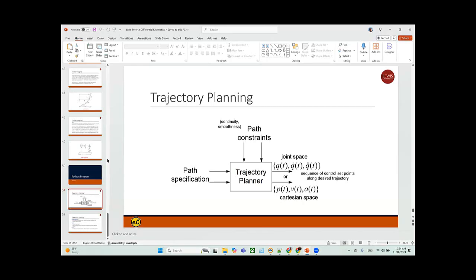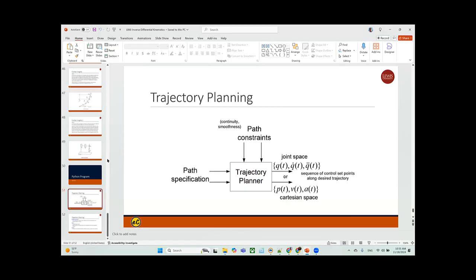Given these two constraints, you go into designing the trajectory planner, so that you need to calculate your joint spaces and Cartesian spaces to know what velocity and what acceleration you want to have, and also your control variables.